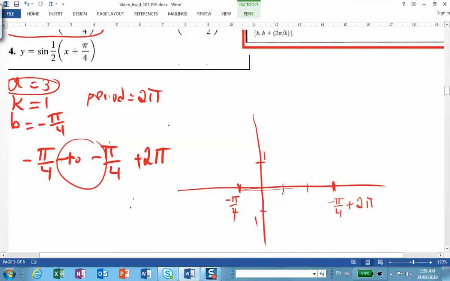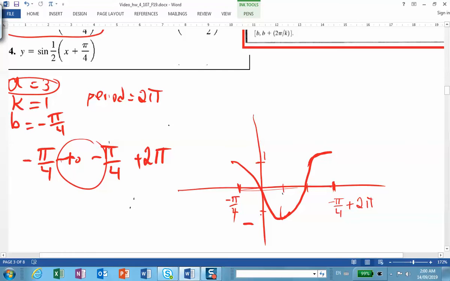Alright, so it starts here. The cycle of cosine goes like this. Oops, shouldn't go beyond minus 1. And then it goes, this is minus 1, then it goes to 0, and then it goes to 1. I'm going to clean this up because this is kind of ambiguous. Here's what happened.